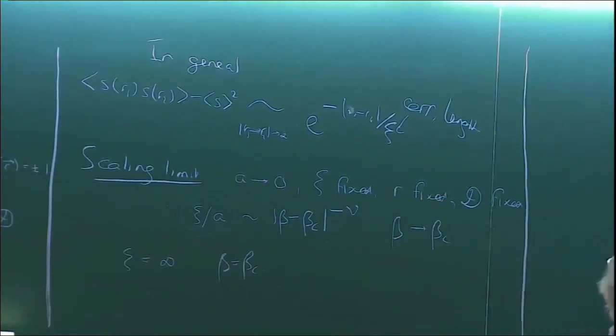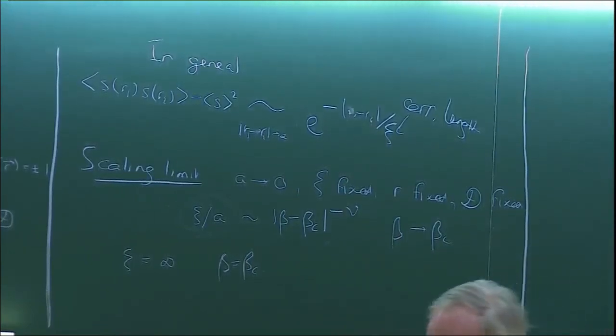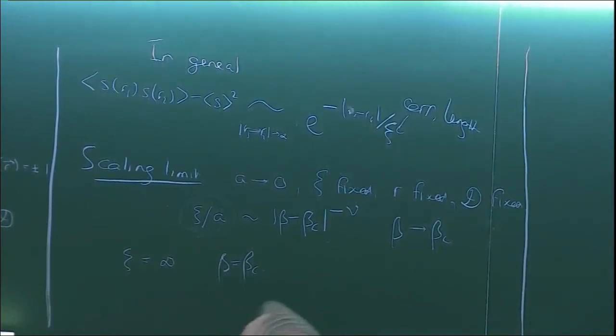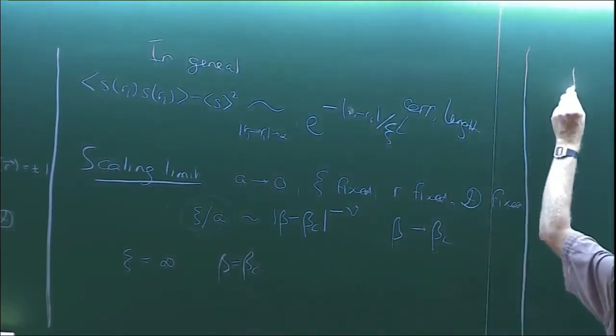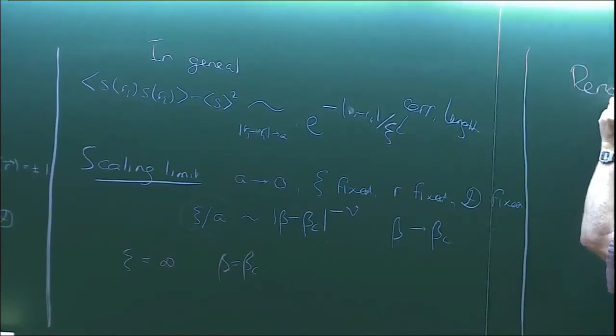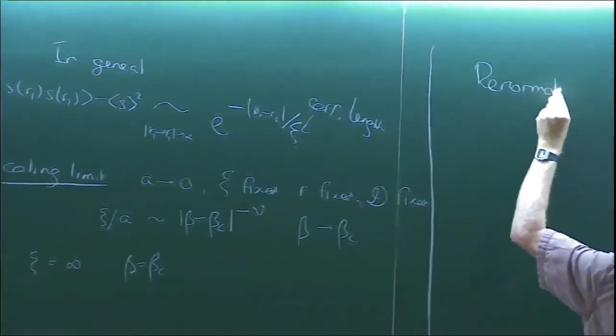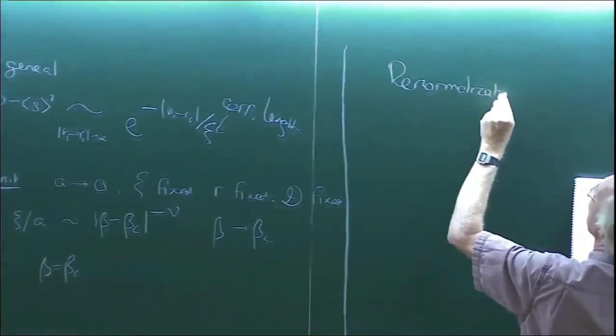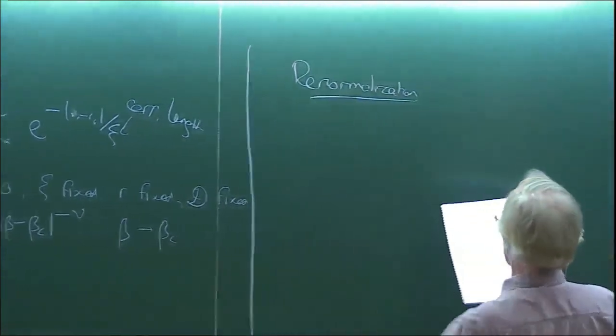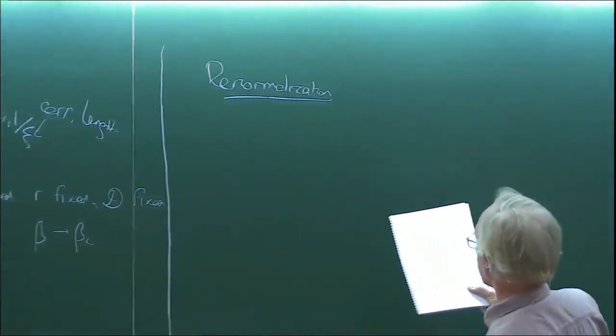Okay. So in order to obtain something finite, what we have to do is something called renormalization. That is, we have to renormalize the lattice degrees of freedom.